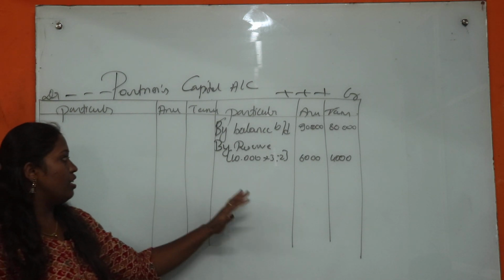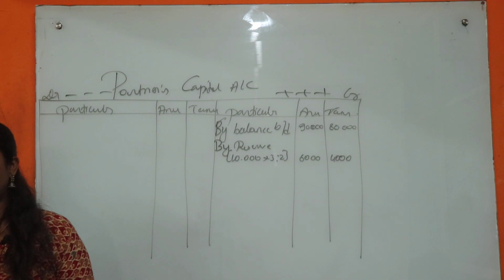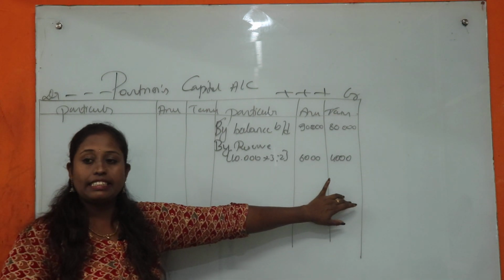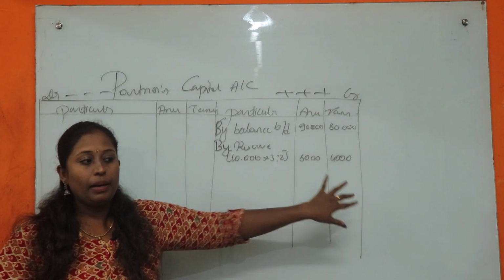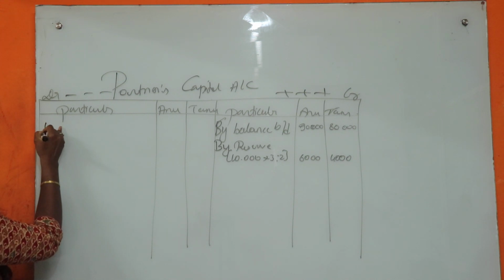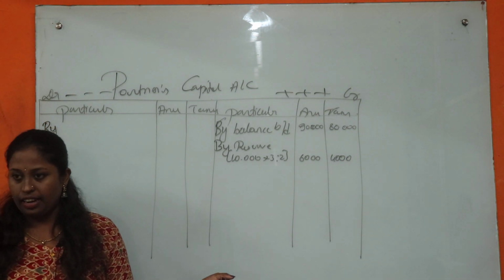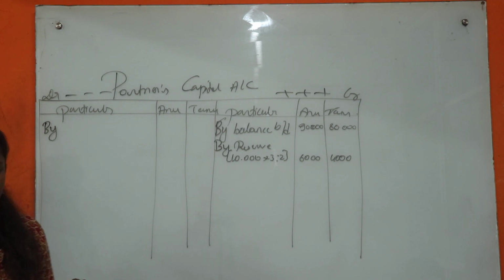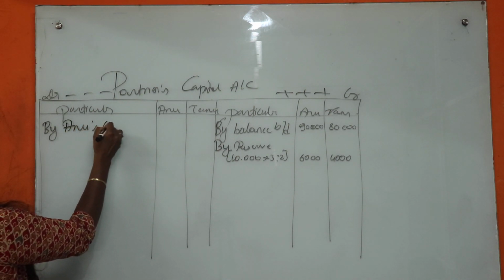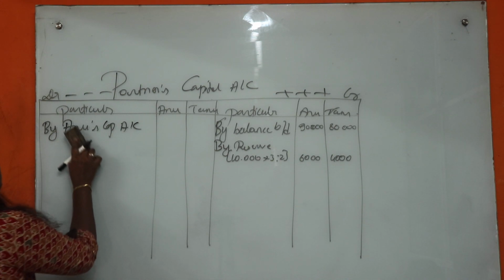Next, the two partners have taken over assets, right? If a partner takes over any liability, we would be writing it on the credit side of the book, but right now they have taken over the assets. So we will be transferring this through the realization account we had. How much has who taken over? By Anu's capital account, realization account.